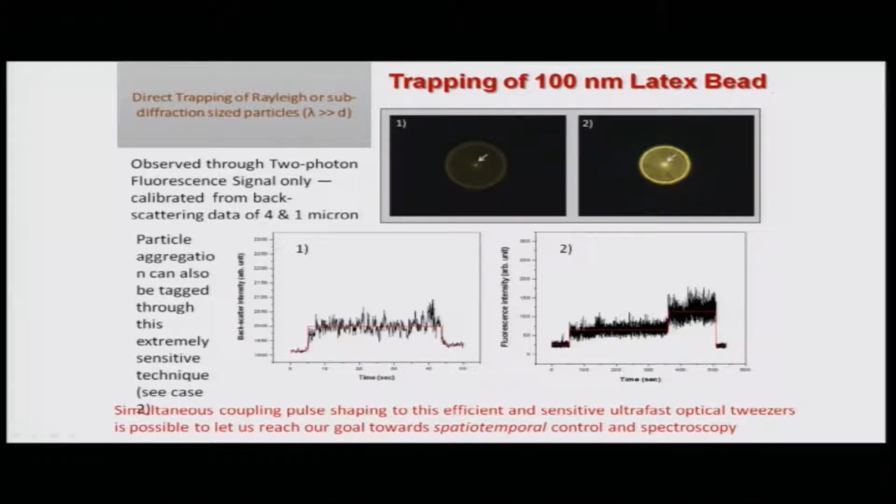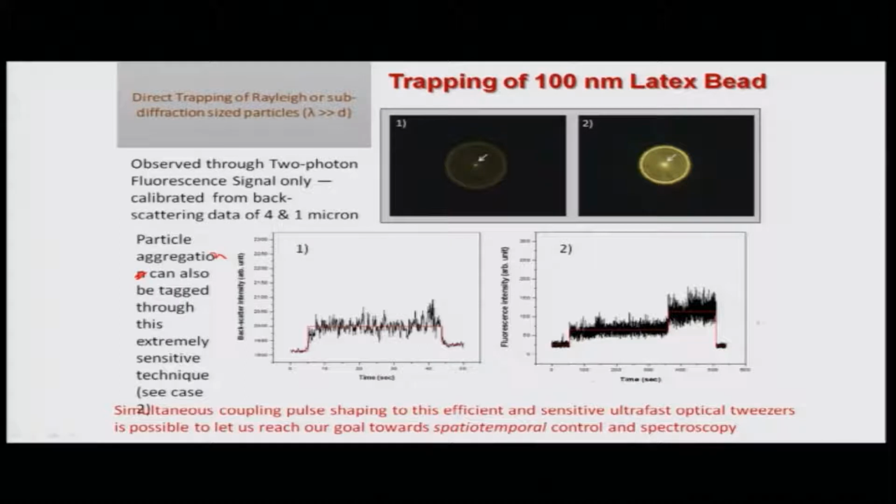This can be observed through two photon much more easily once the system is calibrated by using backscattering data of 4 and 1 micron. The particle aggregation can also be tagged through an extremely sensitive technique.